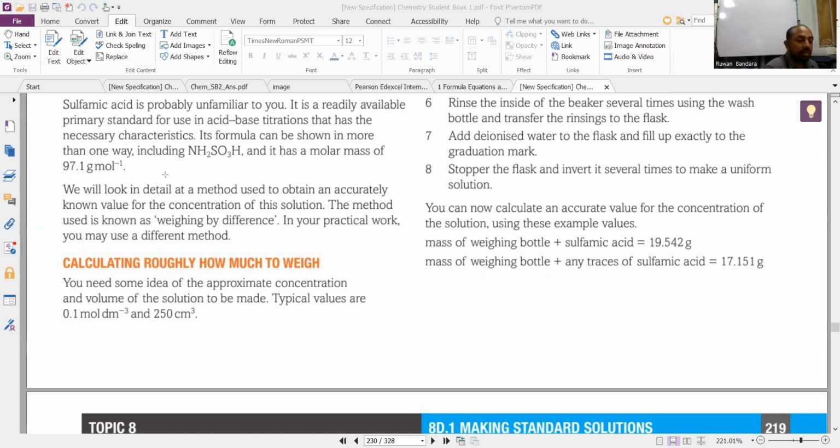You have to just simply subtract. 2.39. Now find the concentration.